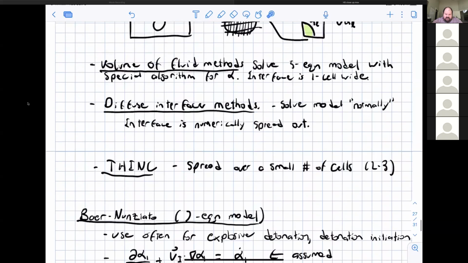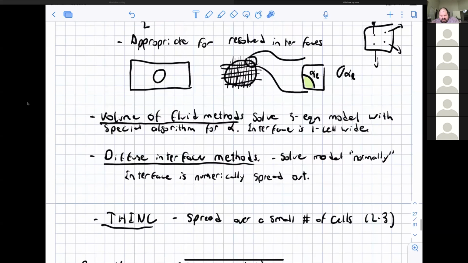And so this volume of fluid, or VOF, method that I discussed, at least for compressible flows, they solve this 5-equation model with a special algorithm for alpha, the volume fraction. If I had this computational cell right here, physically this is what the distribution of the volume fraction of the gas in liquid would be.